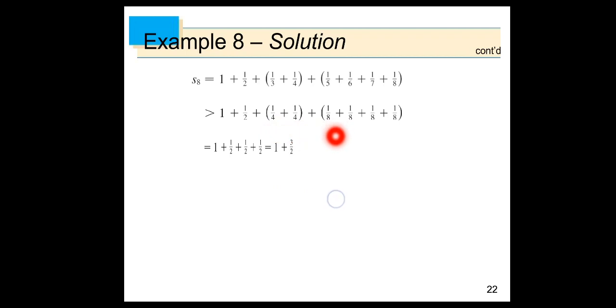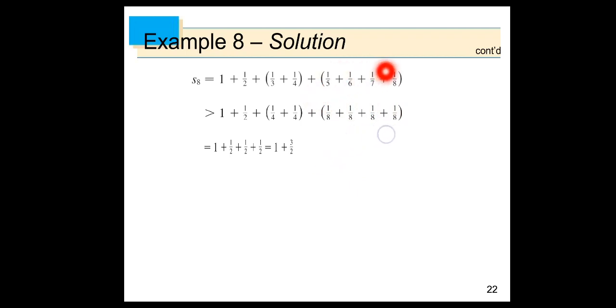And here we have 1 by 8 plus 1 by 8 on the other hand, against 1 by 5 plus 1 by 6 plus 1 by 7 plus 1 by 8. So we will be getting half from this, and this is more than half.